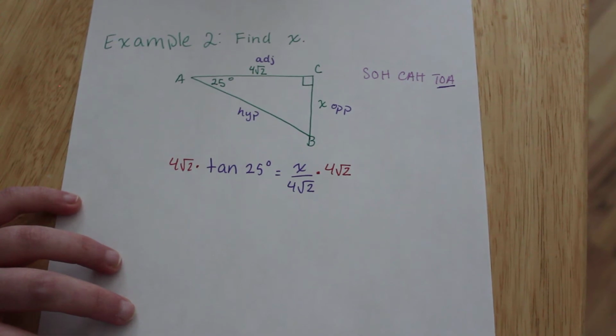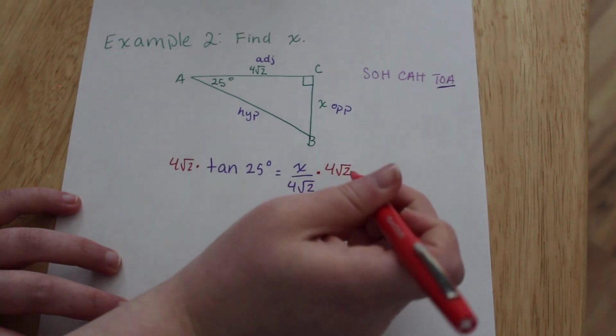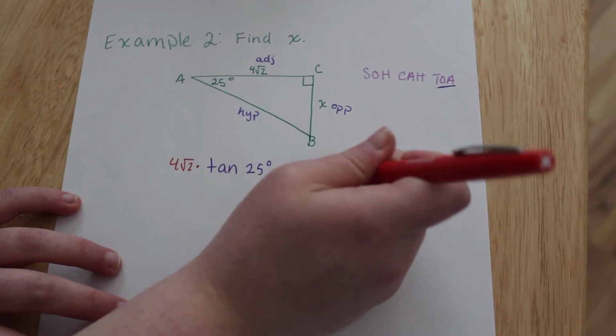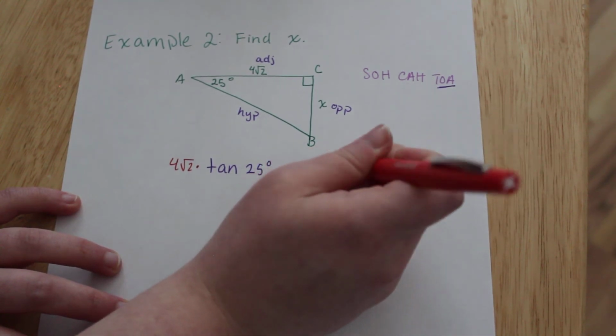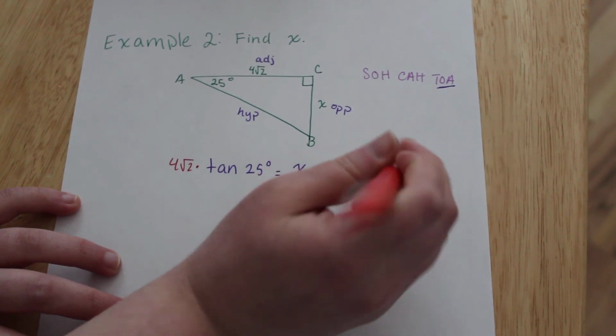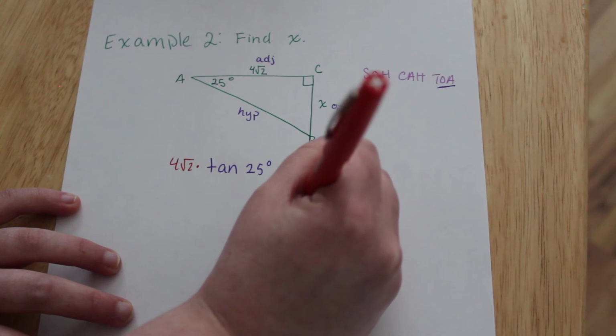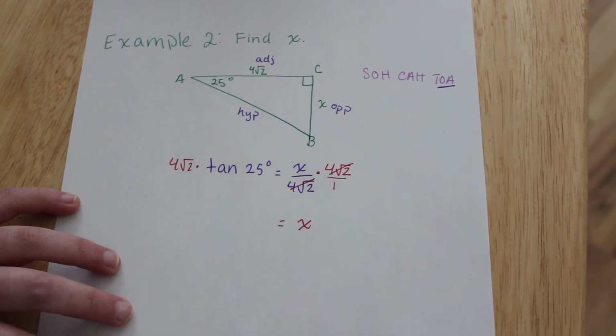Now think about this. What's going to happen when I multiply 4 square root of 2 to this side? Well, because this is over 1, and those are the same value, you can cross them off. So on the right-hand side, we have x.